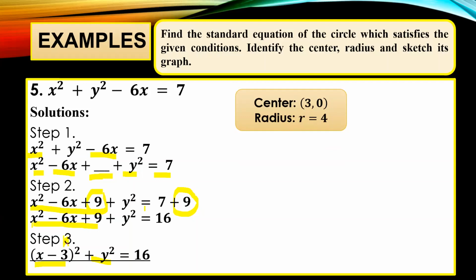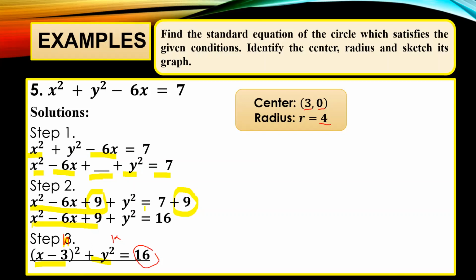And for the y squared, we don't have a k, a positive or negative number, so the k here is 0. So the center will be at (3, 0). The radius is 4. Why 4? The square root of 16 is 4.